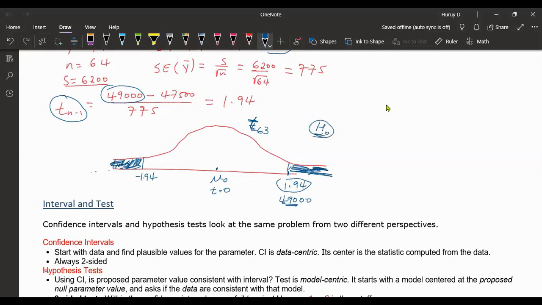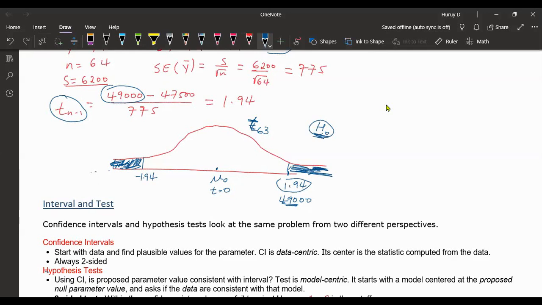So given H naught is true, if this probability is big enough, then we are not outside of the range, we are close to the center. But if this probability is very small, it is very rare to obtain such a sample given H naught is true.